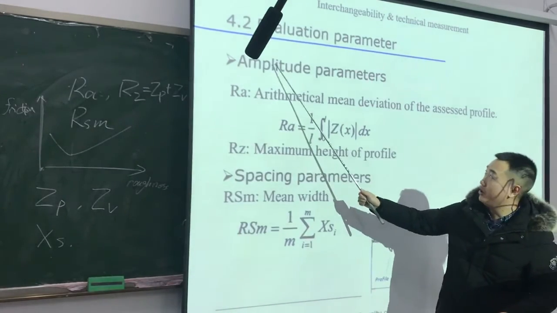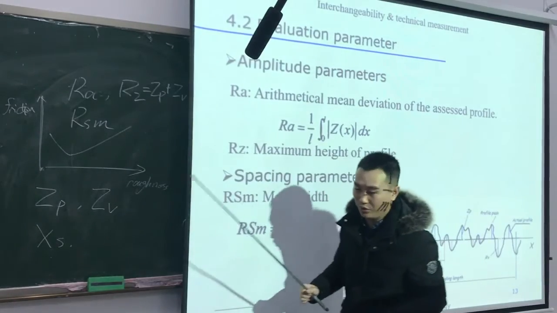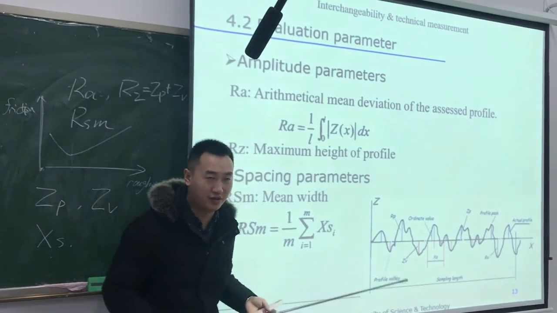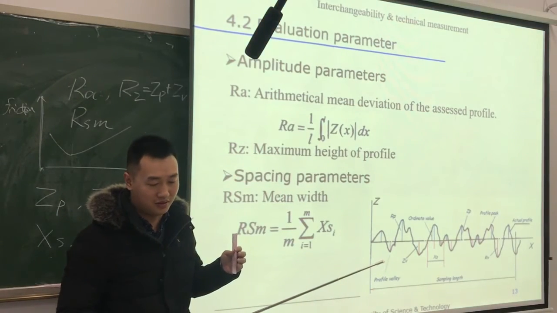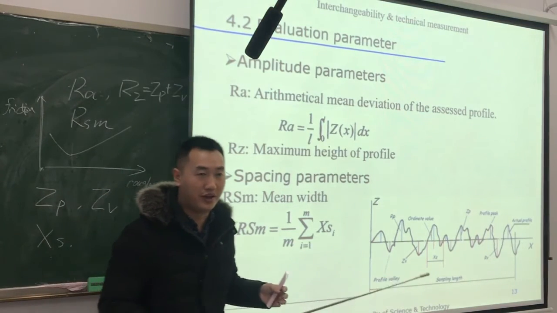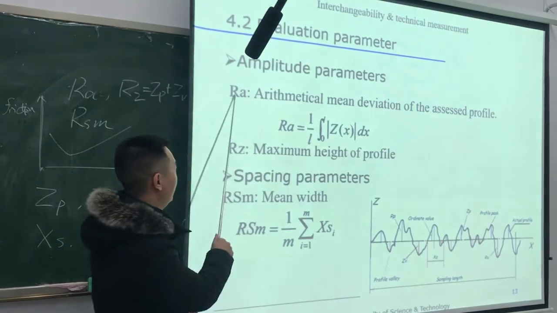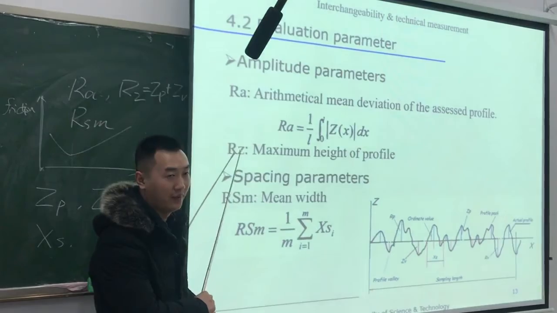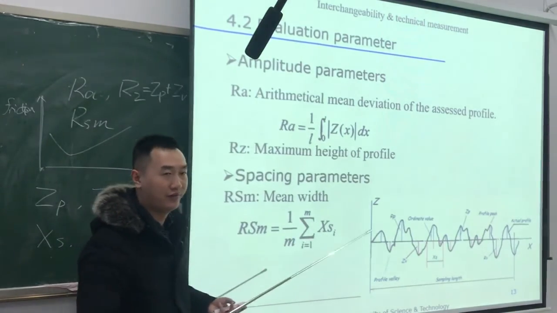When the amplitude parameter is smaller, we treat the profile as having a smoother surface, not rough. And when the value is big, we can think that it's very rough.